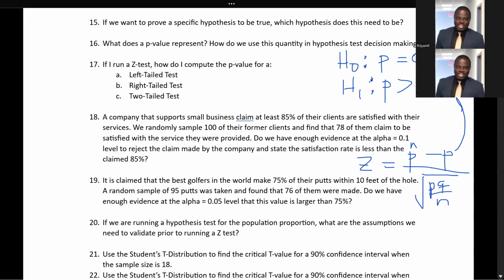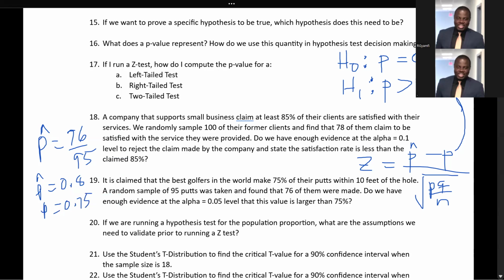So a random sample of 95 putts was taken and found that 76 of them. So 76 out of 95. So our P hat is going to be 76 out of 95. And you put that into a calculator if you want to, and that should give you 80% or 0.8. So P hat is 0.8. P is 0.75.